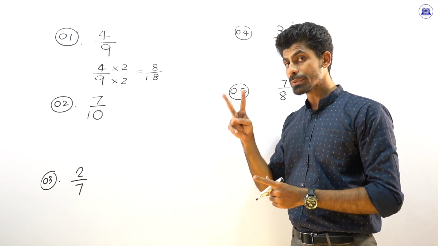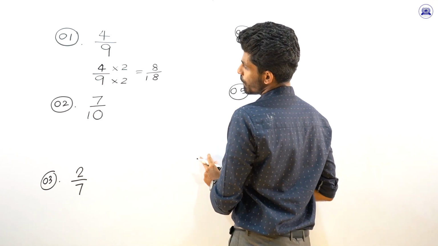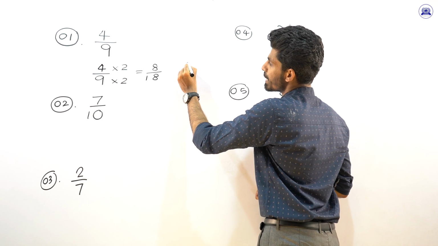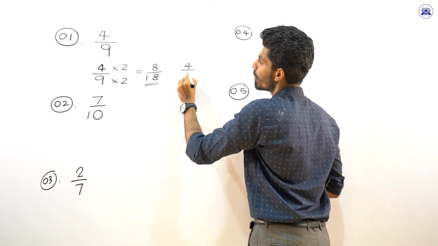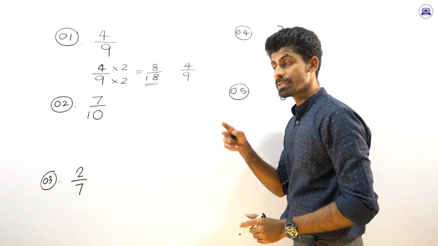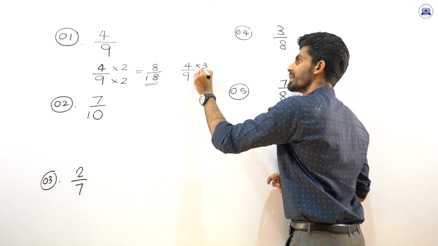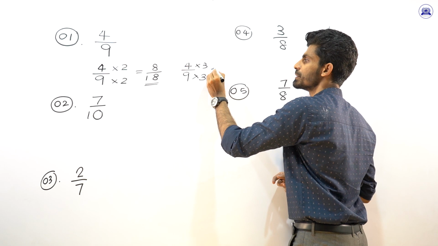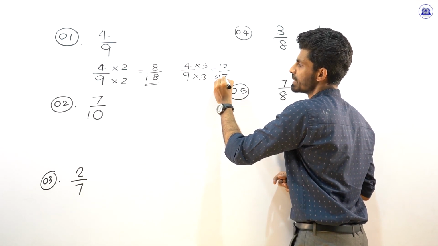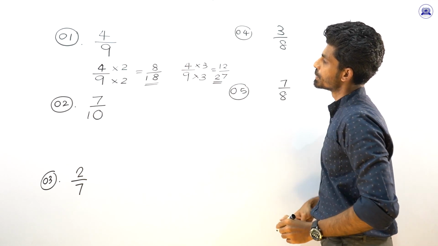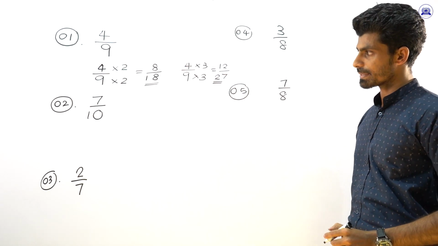I need two equivalent fractions, so you can also multiply by 3. 4 into 3, 12. 9 into 3, 27. 12 over 27.